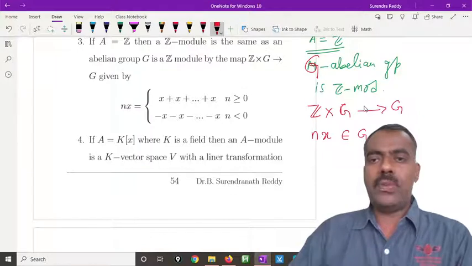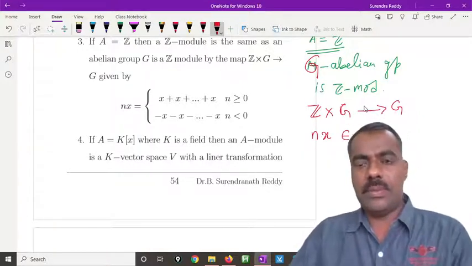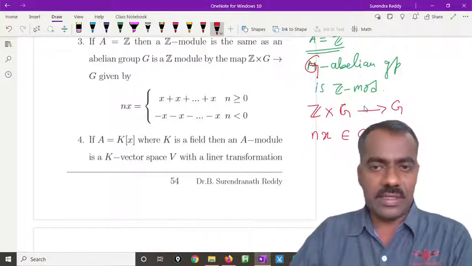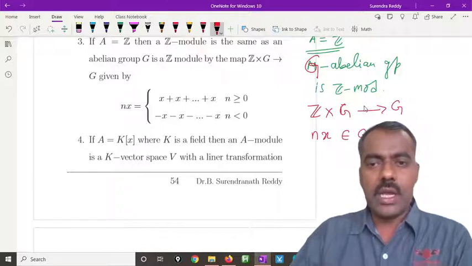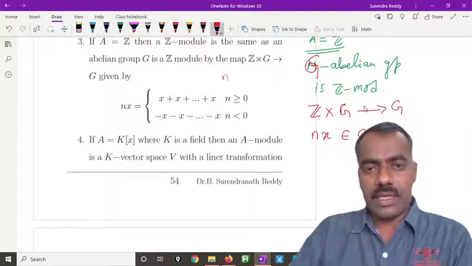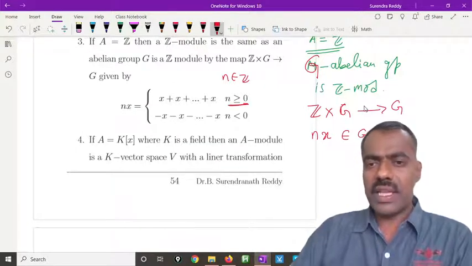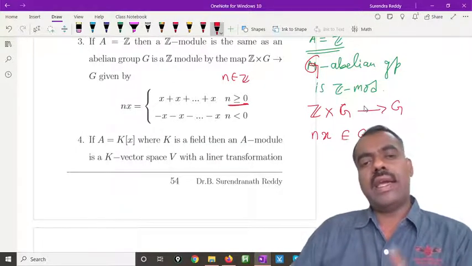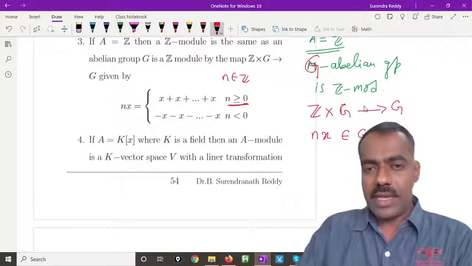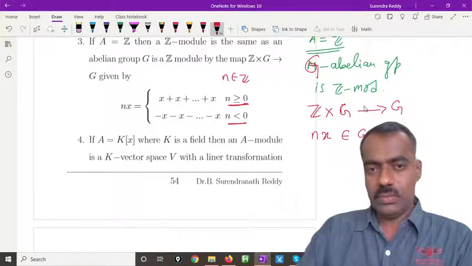We know in a group we can add two elements, and every element has an additive inverse, and so on, right? So n is an integer. If n is greater than or equal to 0, then nx has a meaning: adding x, n times. Whereas if n is less than 0, then you add minus x, n times.